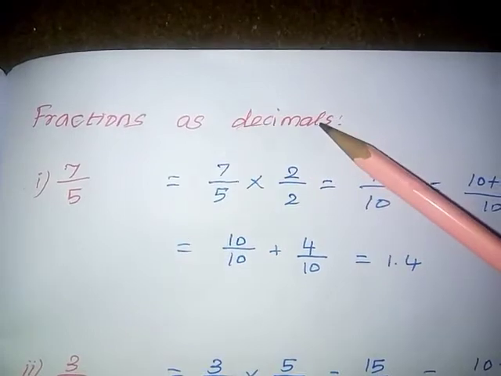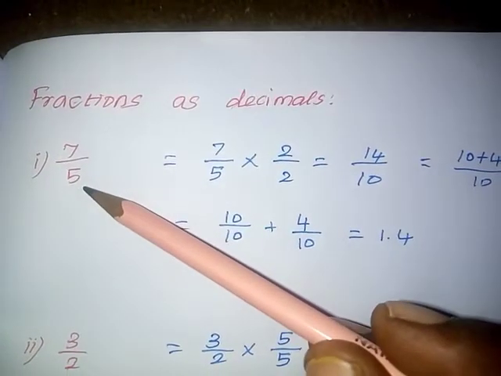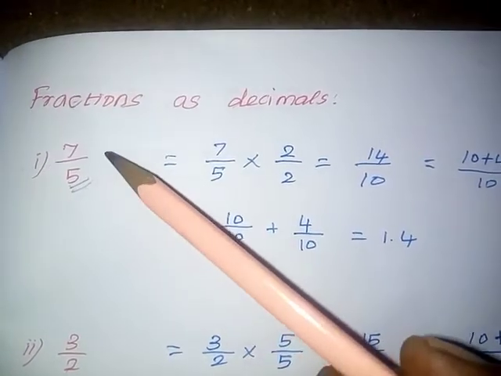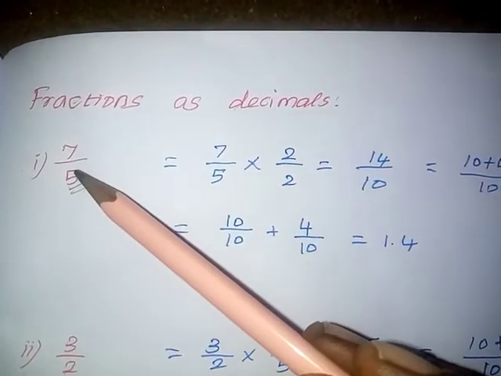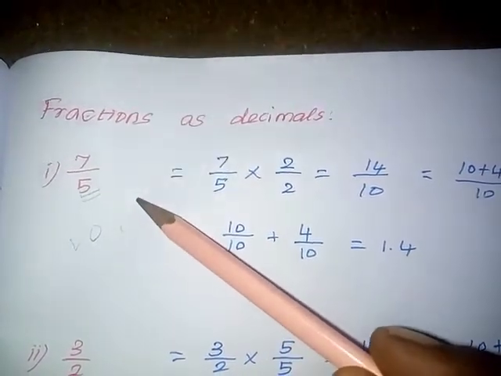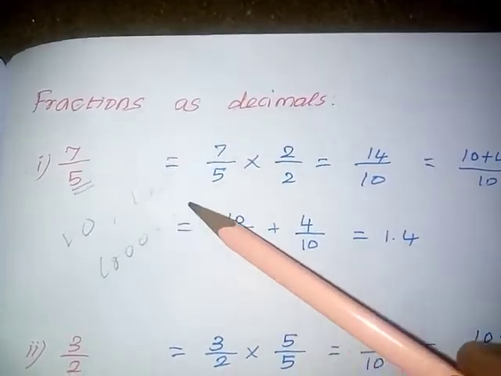Fractions as decimals. The given fraction is 7/5. Here the denominator is 5. So we have to change the denominator to 10, 100, 1000 and so on.